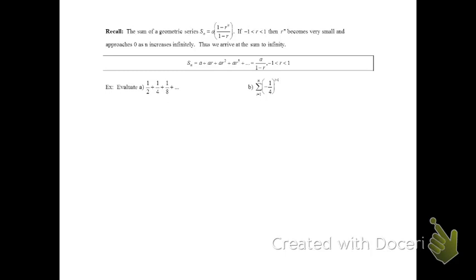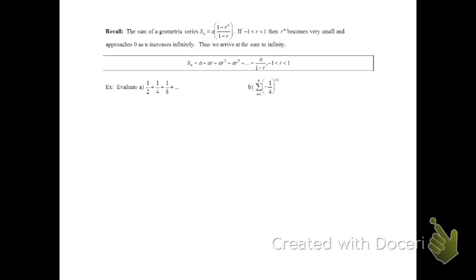So if you take a look up at the top here, the idea of a sum of a geometric series, at the top in the numerator there you see 1 minus r to the power of n. So if r is between negative 1 and positive 1, in other words, if it's a fraction, then as we raise that fraction to an exponent that becomes bigger and bigger, the expression of r to the power of n becomes so small that it's virtually zero.